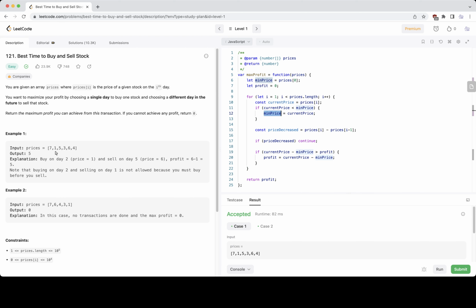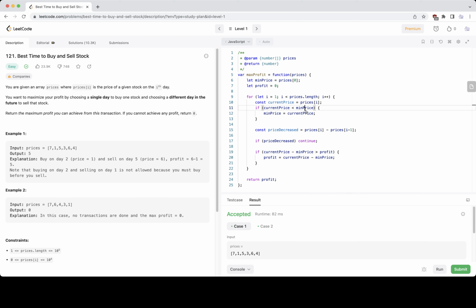If you had the opportunity to buy lower, you would have bought lower, right? So if we were selling at 6, well, we could have bought at 7, 1, 5, or 3. And obviously, to have the greatest profit, the greatest difference, we would have bought on day 2. So that's why we're keeping track of the minimum price.